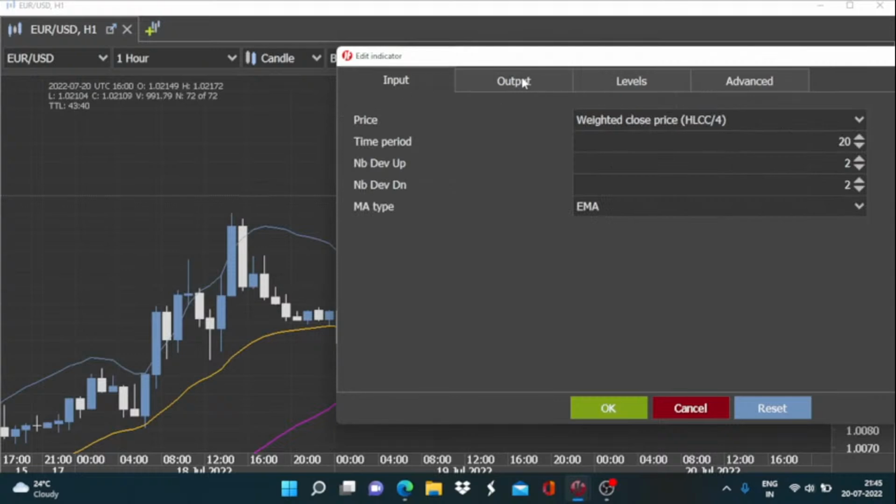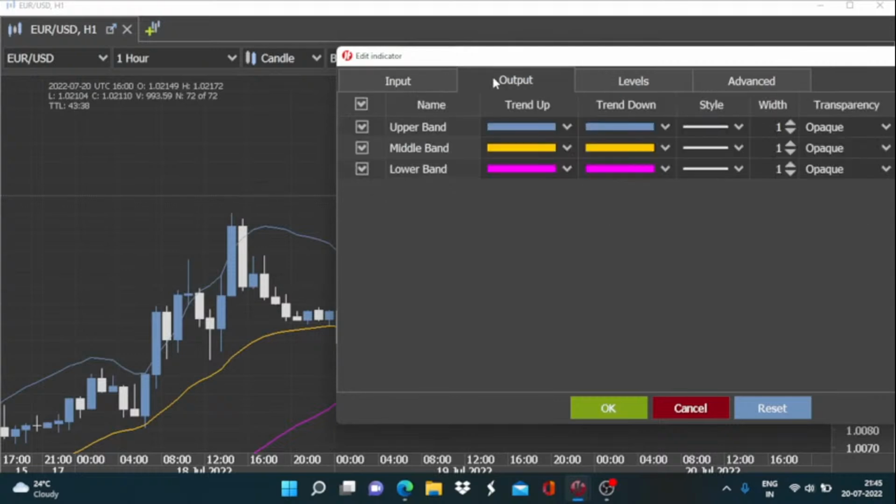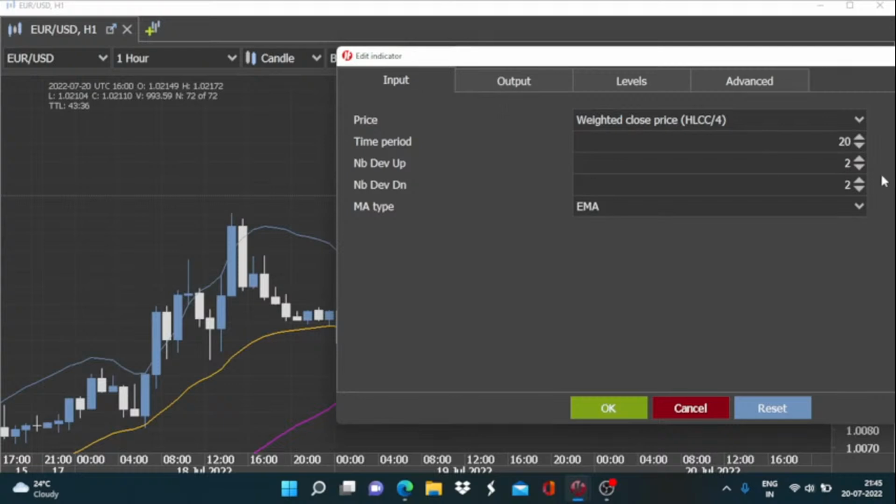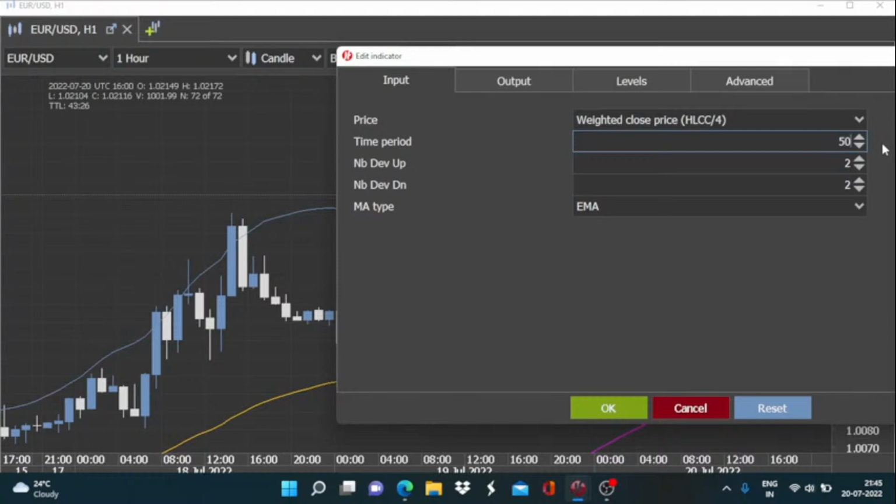Now coming to the other input options, we can change the candle period which is being considered while calculating these Bollinger Bands. So if you want to use higher time frame data, then all you have to do is increase this time period.